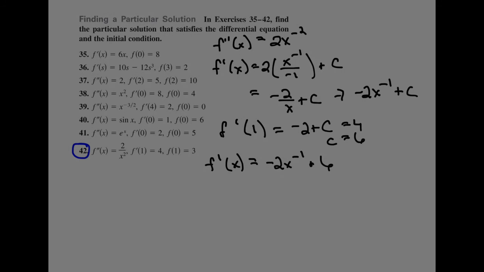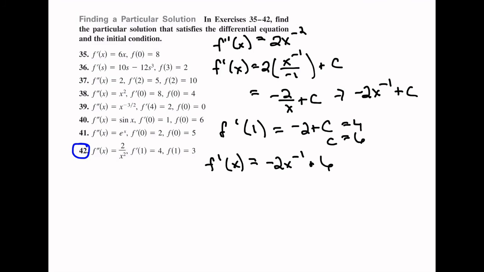Okay, so now let's back up one more time. So f of x equals negative 2 x to the 1 higher power over that power. And then you go, oh, wait a minute. Maybe I should have not used this, but kept it this way.